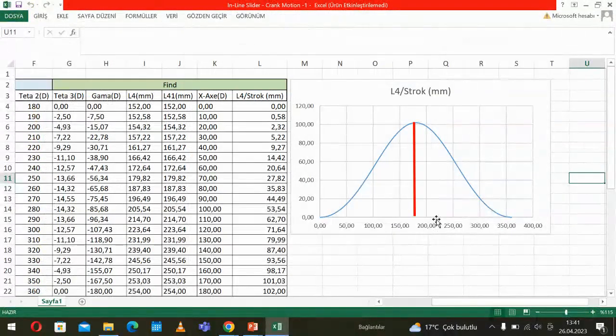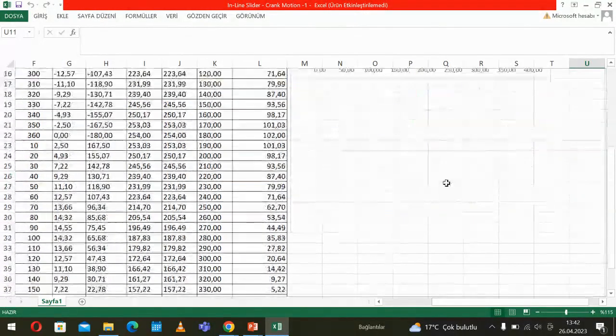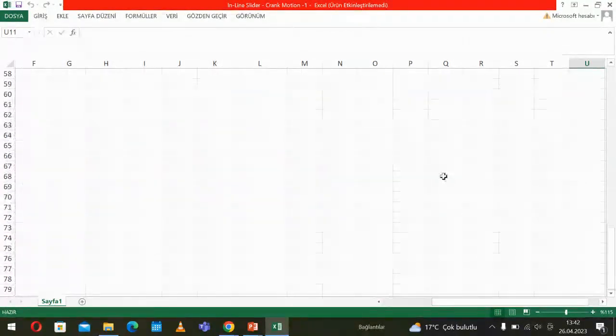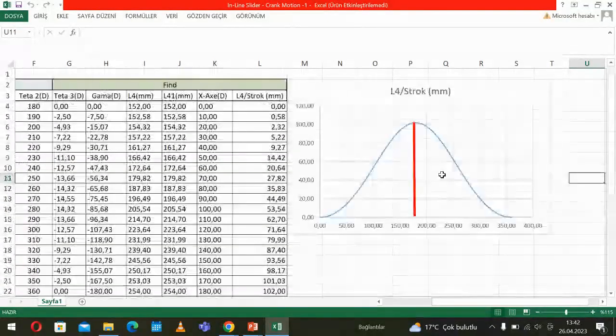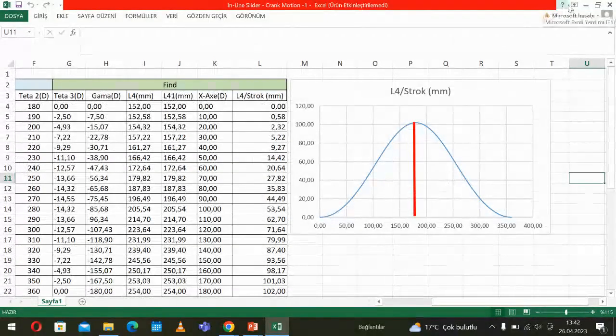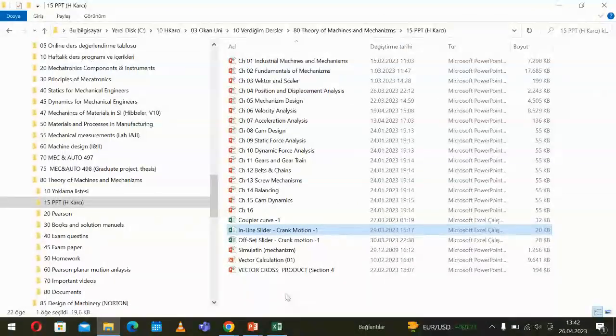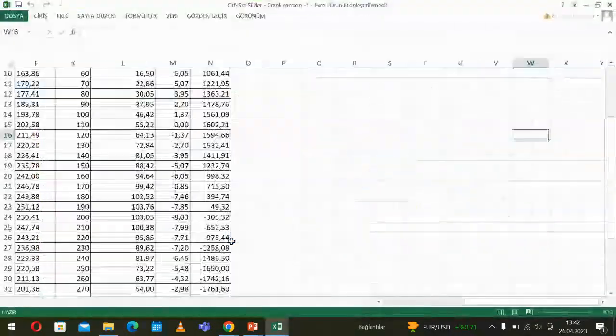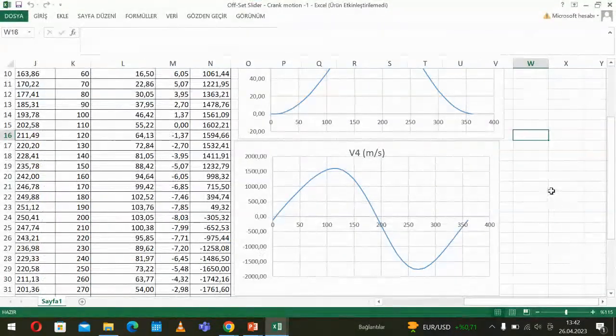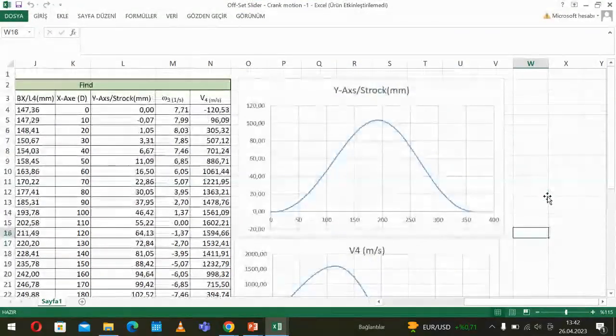So you see the position changing, the stroke length. Okay, this is what I want to show you.